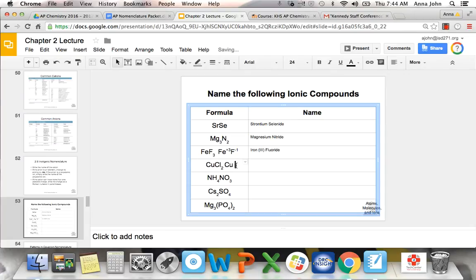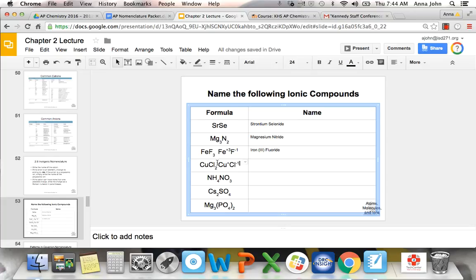So let's look at this again. So we've got copper and we've got chlorine. So copper is going to be a positive charge. Sorry guys. And chlorine is going to be a negative charge. Now, chlorine doesn't change. It's a halogen gas. It's always going to be -1 because it's in group 7. So that is bringing our 1 back up.